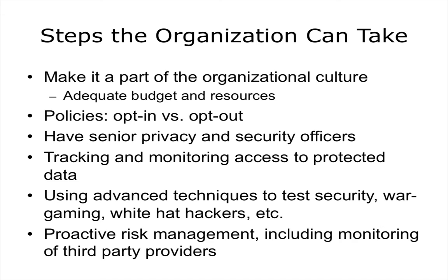Review your policies, especially around your policies of opt-in versus opt-out for certain information and for what patients can do. We'll talk more about opt-in versus opt-out in a later lecture. Have your privacy and security officers recognized as senior administration. So they need to have decision-making capabilities, and they need to be recognized as authorities in the organization.